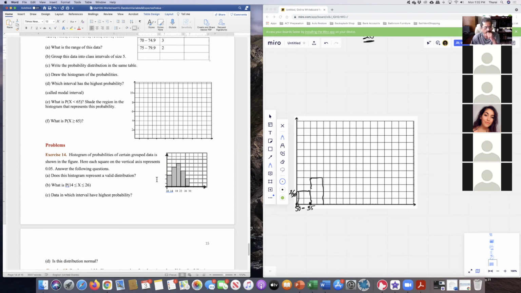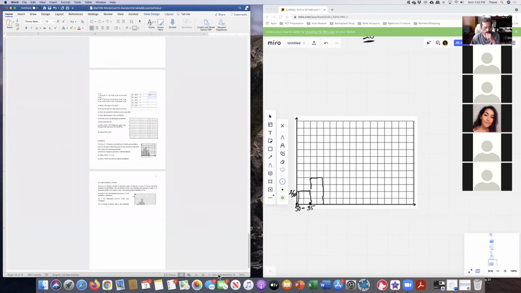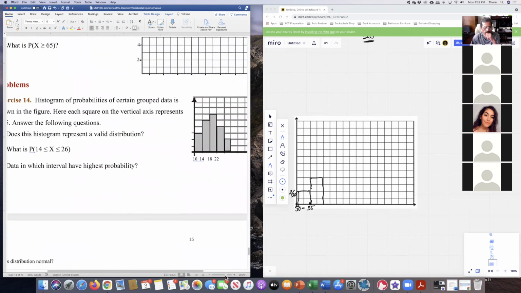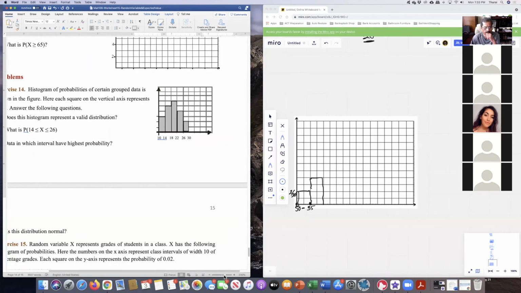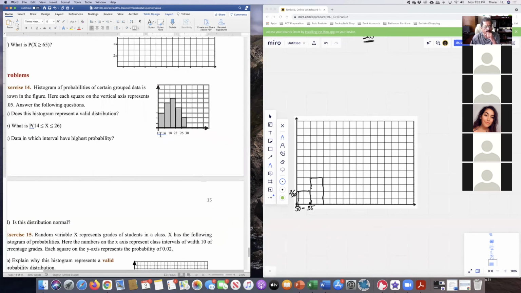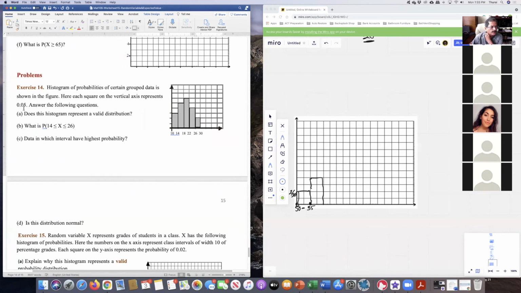Now in this histogram, the probabilities individually are not given, but the histogram is given. So using the histogram, you have to figure out the probabilities. The heights of the bars represent probability. So you basically have to add up the heights of all the bars. The probability for the data to fall into the interval 10 to 14 is the height of this bar, and it tells you each square represents 0.05.